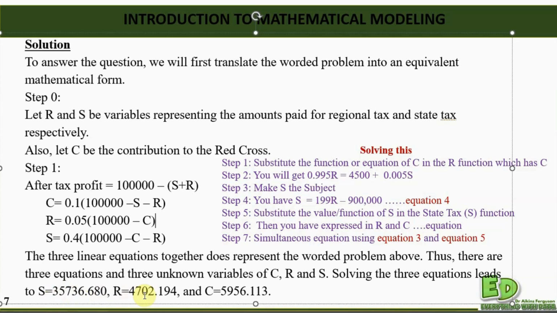That to be paid to the regional tax is 4,702.194, and then the contribution to Red Cross is 5,956.113, right? That is what you get after solving this equation simultaneously, right?